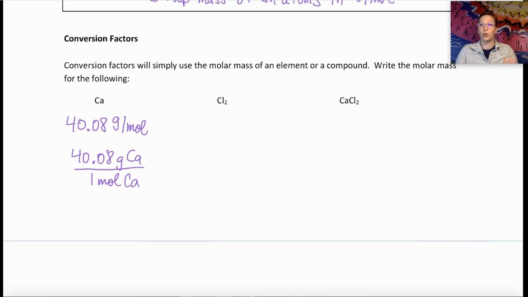Okay, if we're looking at chlorine, elemental chlorine is diatomic, so we've got 2 atoms of chlorine that we need to take into account. So we're going to find the mass on the periodic table and we're going to multiply it by 2. Okay, molar mass of chlorine, 1 atom, is 35.45, and that I get from the periodic table.